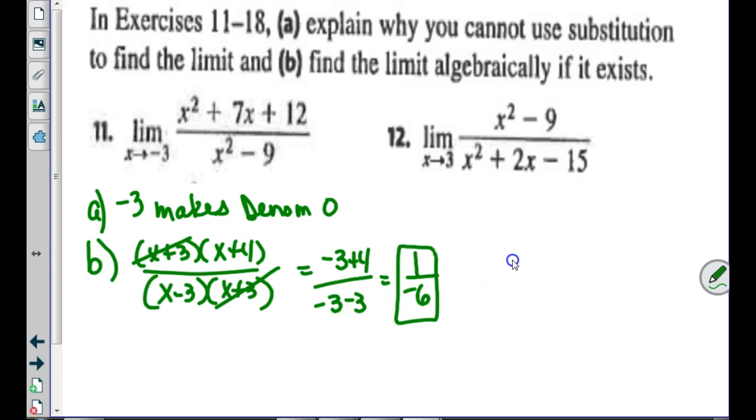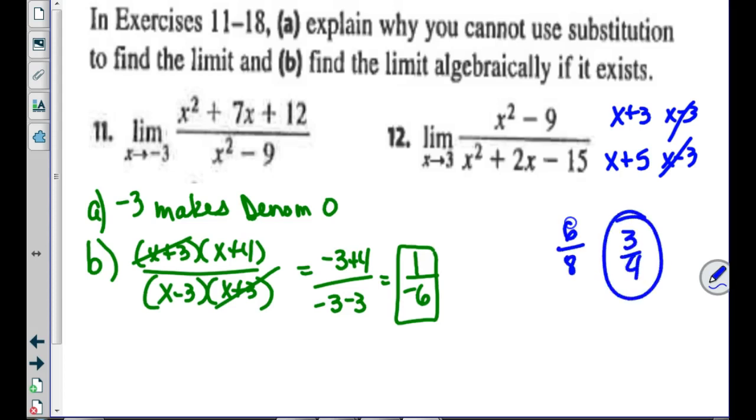Okay, can you guys try 12 and tell me what you get? Works for me.